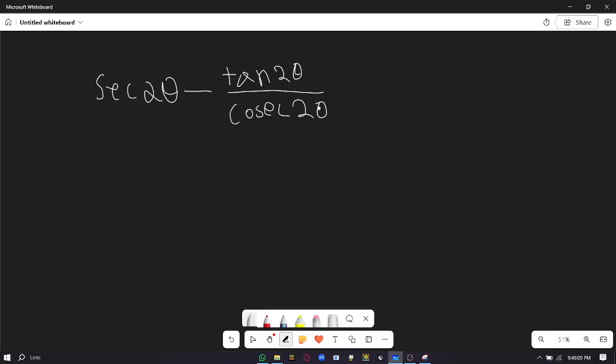It's secant 2 theta minus tan 2 theta divided by cosecant 2 theta, equals root 3 by 2.